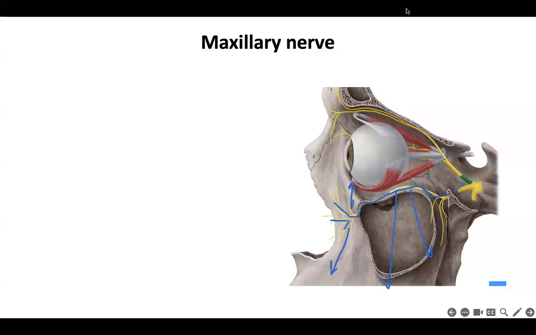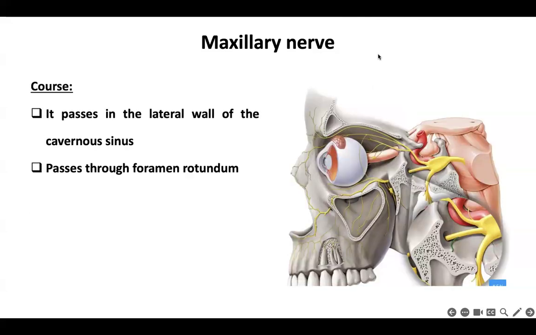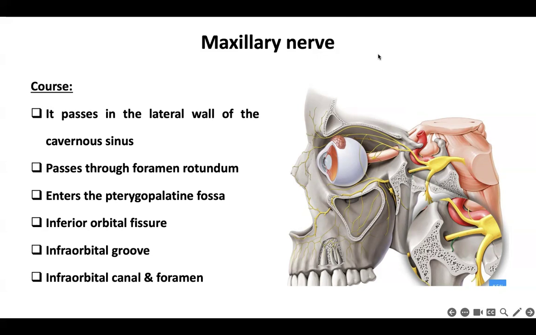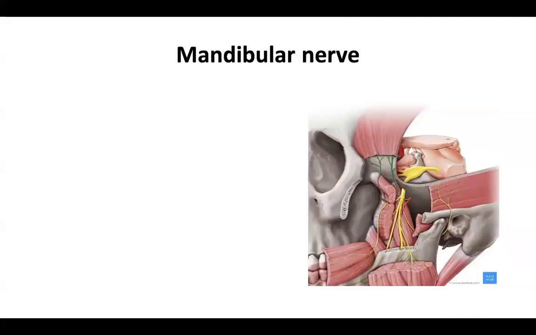This is regarding the maxillary, mostly sensory. The upper teeth, gum and air sinus are supplied through the superior alveolar, and the zygomaticofacial and zygomaticotemporal.